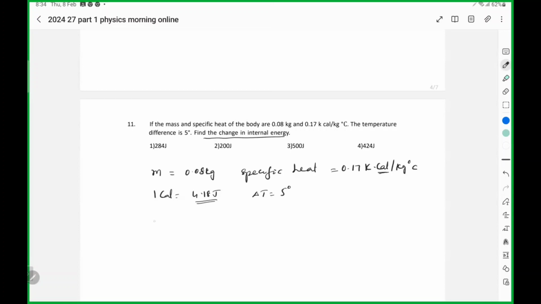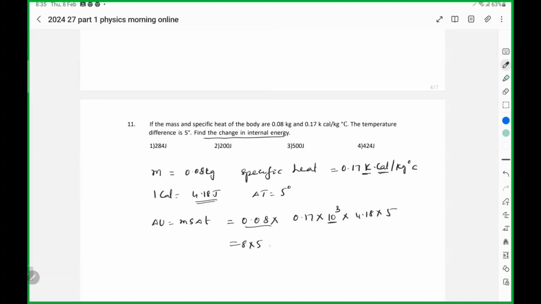So the change in internal energy is m s delta T. So here it is 0.08, 0.17 kilo, 10 cube calorie, 4.18, temperature is 5 degrees. 0.08 into 10 cube, that is 80 into 5.